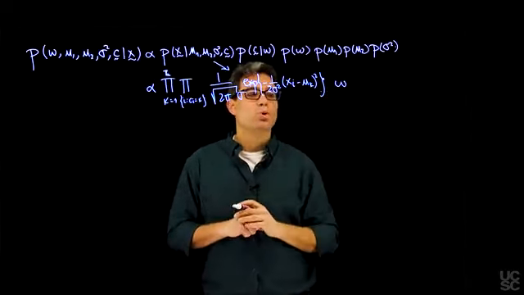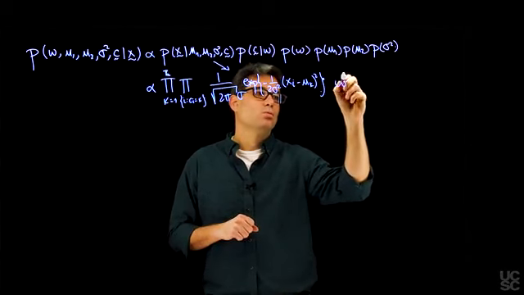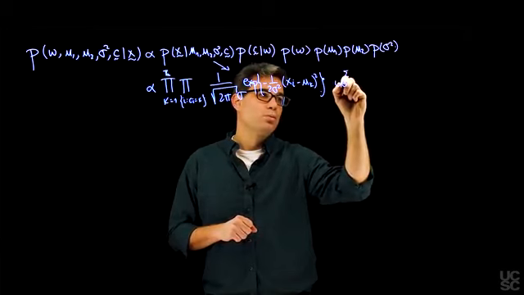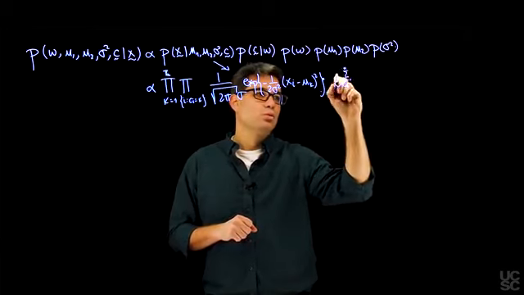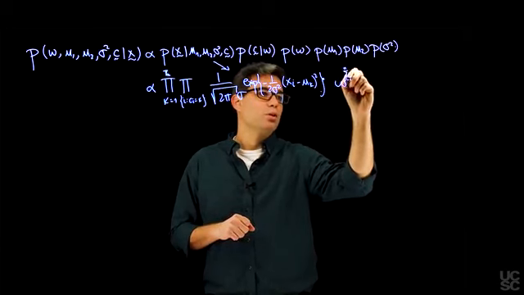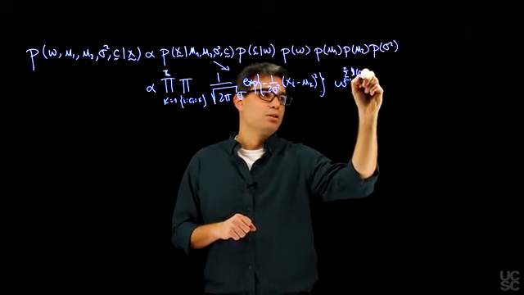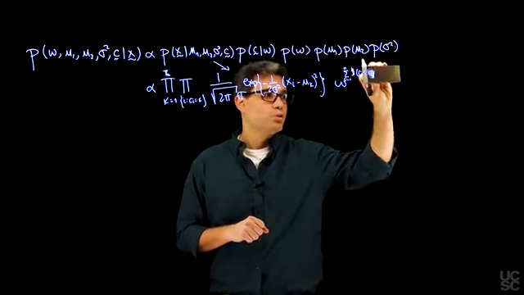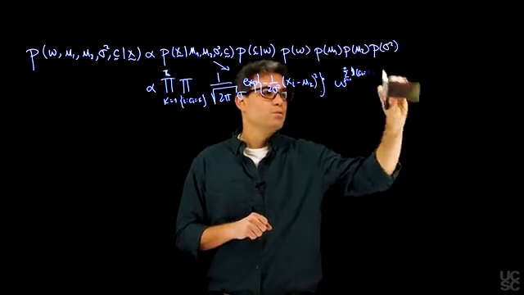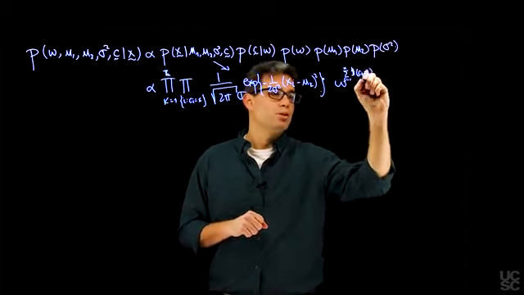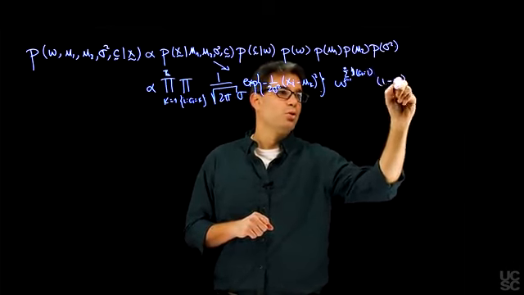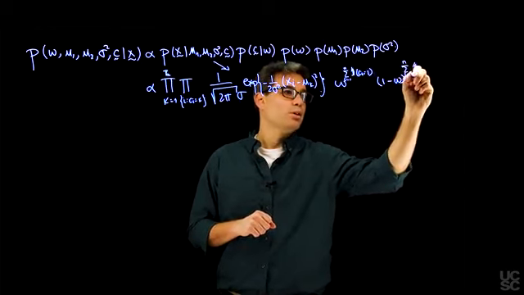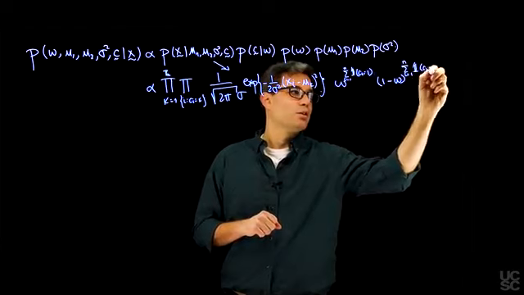So this corresponds to omega raised to the sum from i equals 1 to n of the indicator that c sub i is equal to k, in this case equal to 1, because it's the first component in the mixture, multiplied by 1 minus omega to the sum from 1 to n of indicators that c sub i is equal to 2.